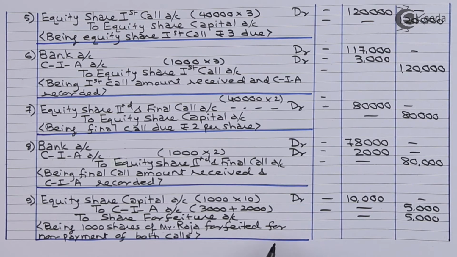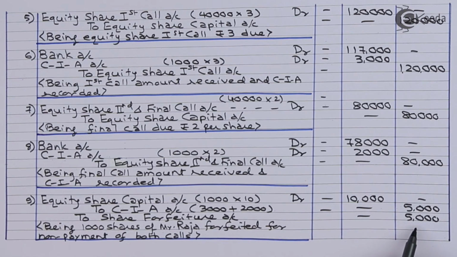To cancel capital, we are required to debit it. 1,000 shares, per share 10 rupees called up, amount is 10,000. Calls in arrears so far: at the time of first call 3,000, at the time of final call 2,000, total 5,000. Calls in arrears were debited, now they are credited, so that the account gets closed. To share forfeiture account 5,000.